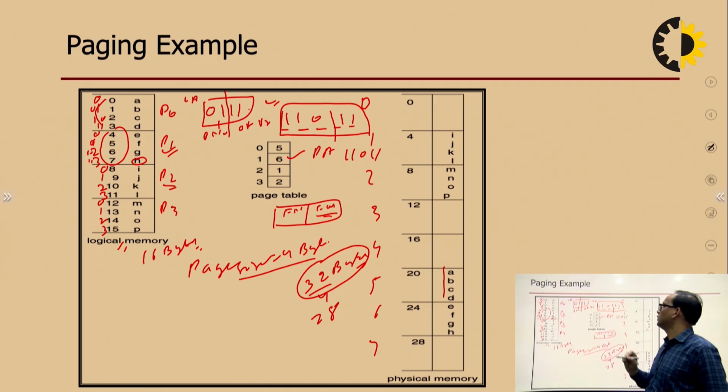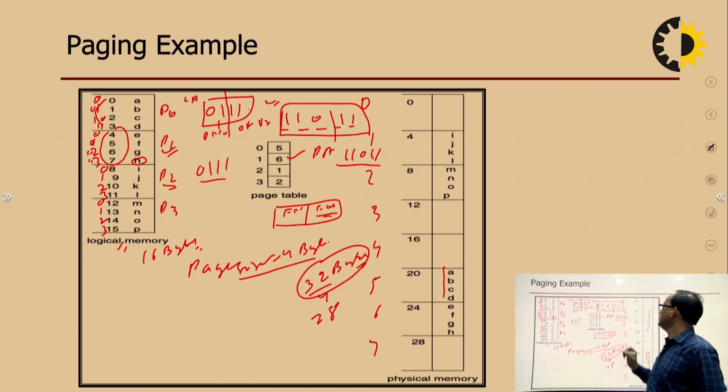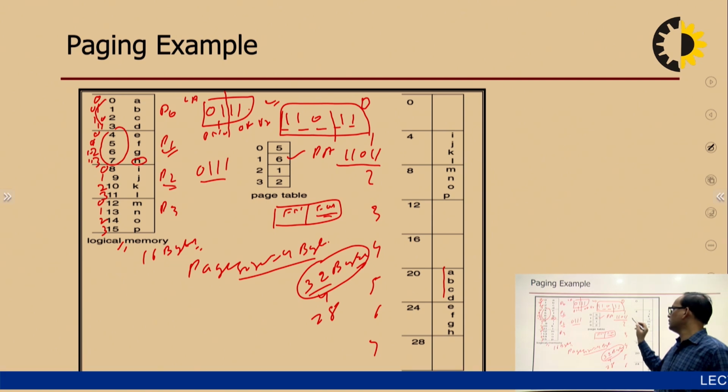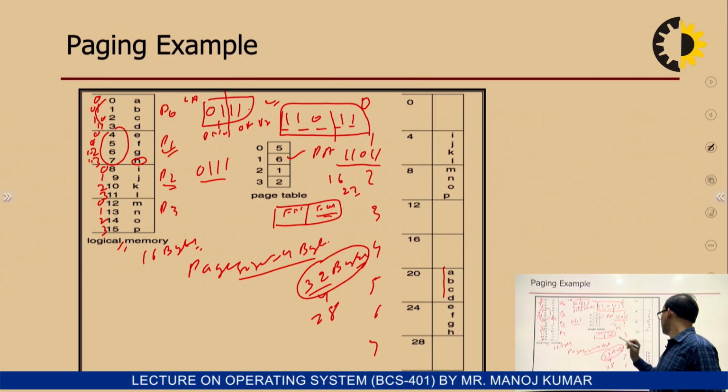Okay. So our physical address will be 11011. If the logical address is 0111, then the physical address will be 11011. And what is 11011? It is 16 plus 8, 24, plus 3, which is 27.